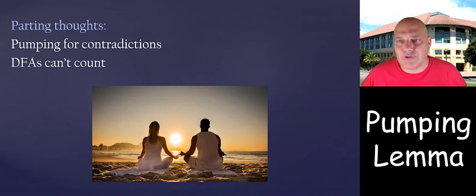Counting that the number of zeros is the same as the number of ones, counting that the length of the string is a perfect square, and DFAs cannot do that. They cannot do that because their memory is limited, and at some point they forget. And since they forget, they cannot separate strings that satisfy what you were trying to count from those that don't. Thank you.